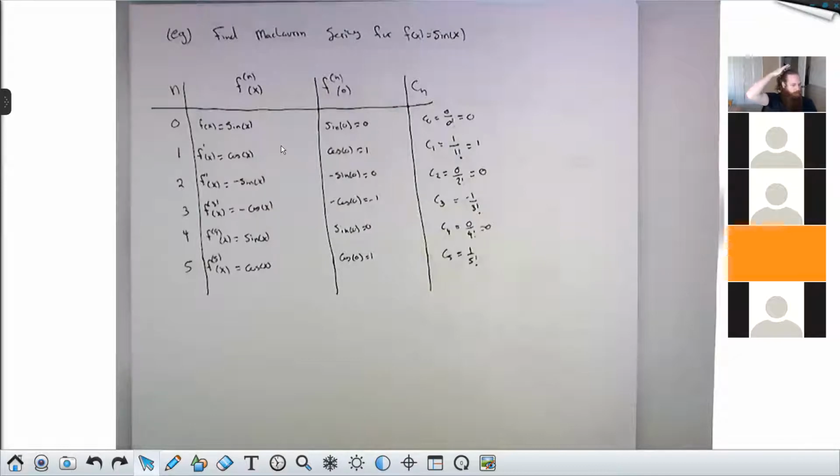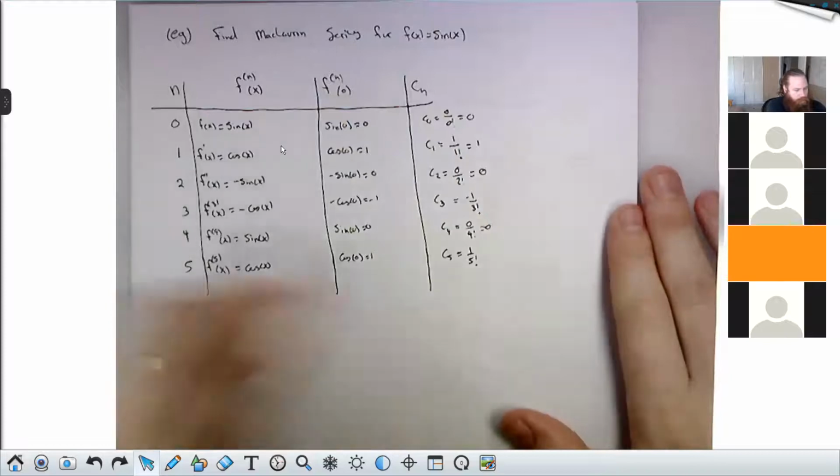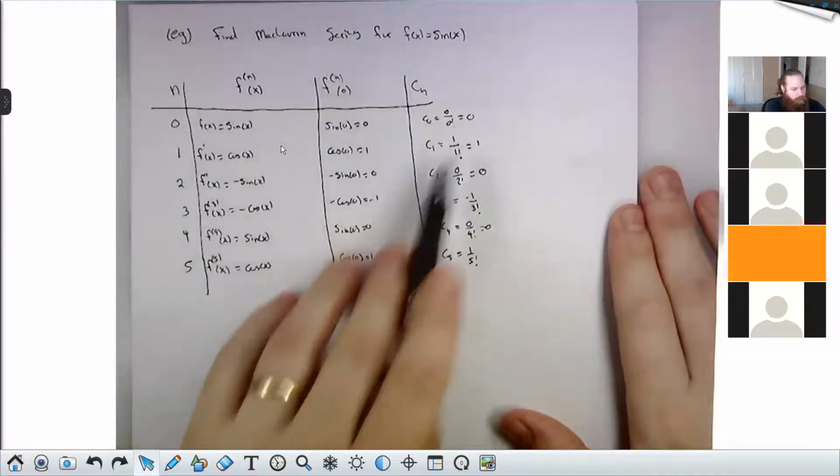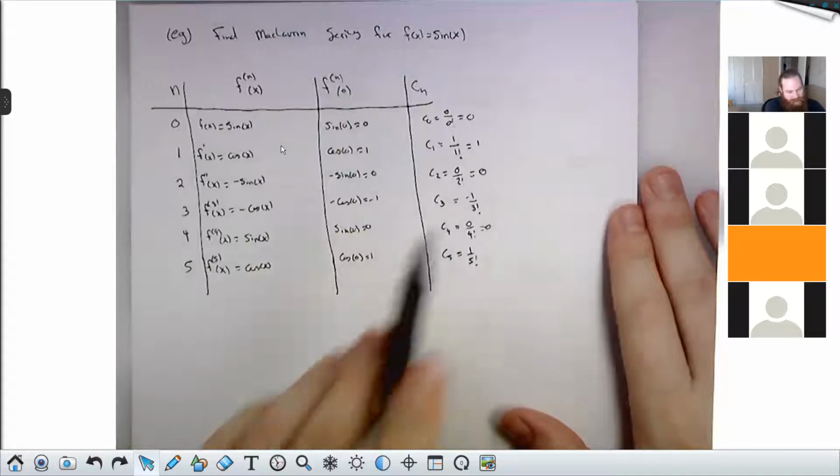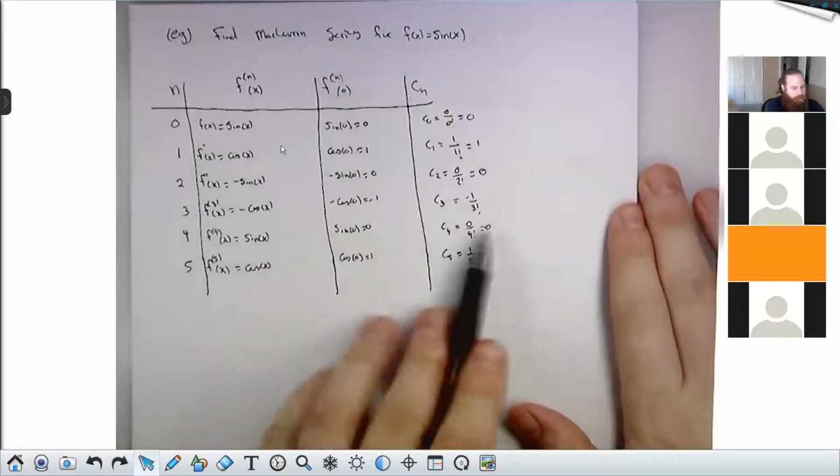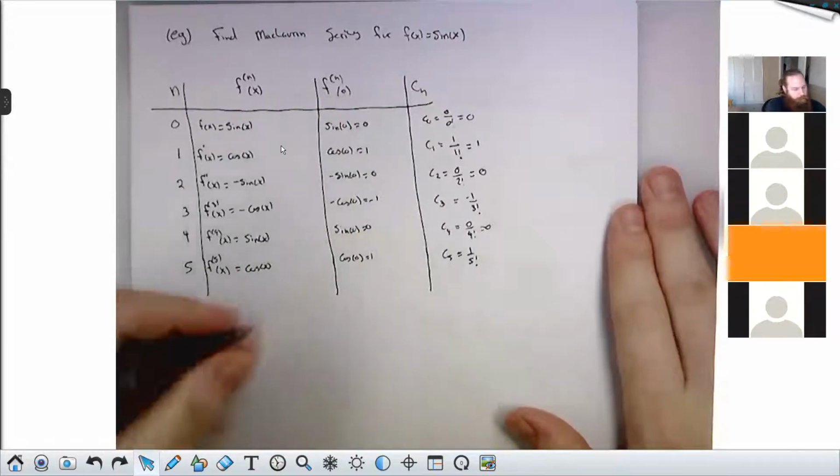And this is one of these examples where it's not super easy to write down a nice formula for the Cns. I'll show you. So like, C0 is 0, C1 is 1, C2 is 0, C3 is negative 1 over 3 factorial, C4 is 0, C5 is positive 1 over 5 factorial.